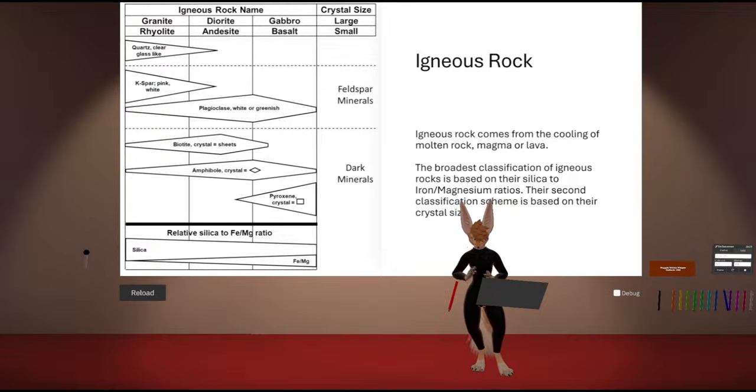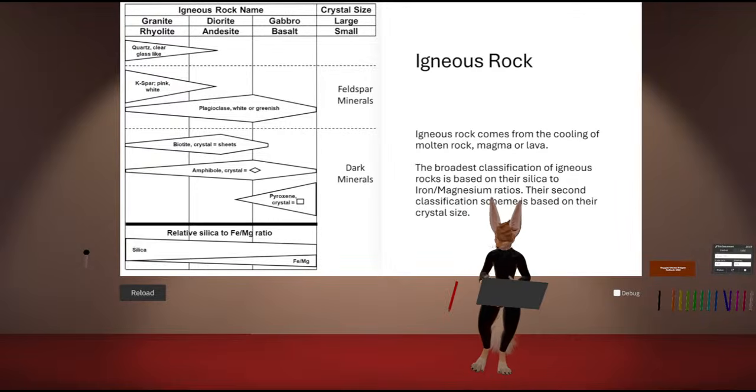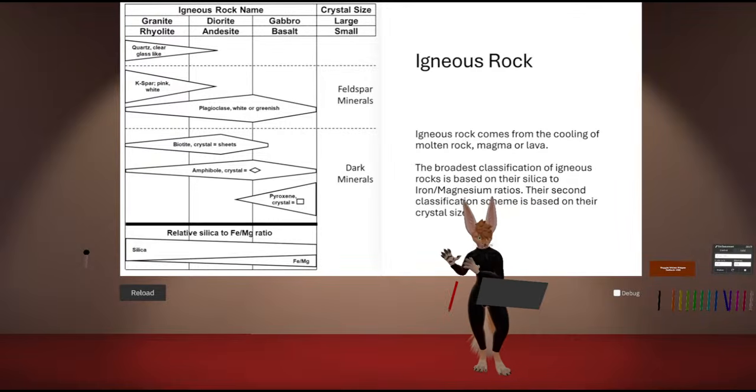Coarse-grained rocks cooled slowly, usually in big chambers underground. Granite, diorite, gabbro, they do have coarse grains. Fine-grained rocks cooled quickly, usually found on the surface or in small cracks in cool country rock, like rhyolite, andesite, basalt.